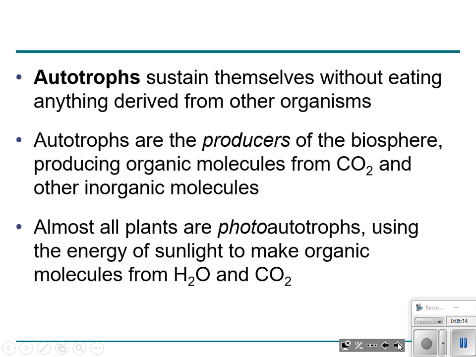Photo is the light part. Autotroph means they make their own food. They're producers. So they produce their own food from the light, in this case, the sunlight. Now, down at the bottom here, it says, how do they make the organic molecules? Water and carbon dioxide.